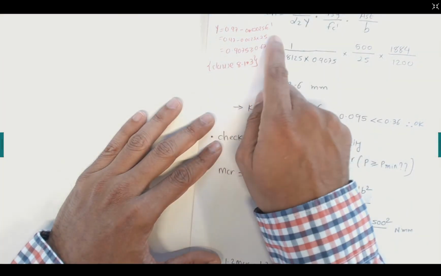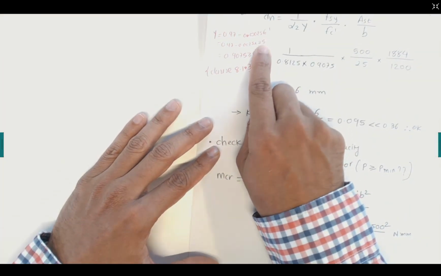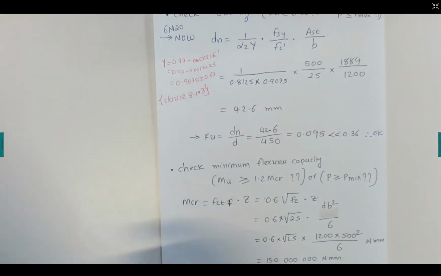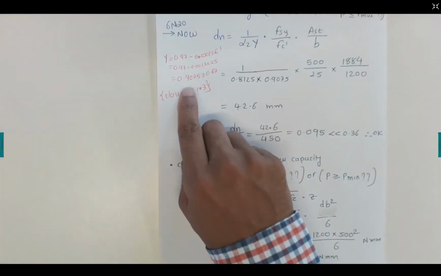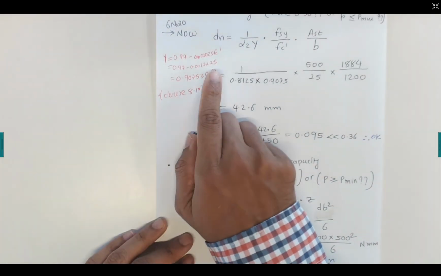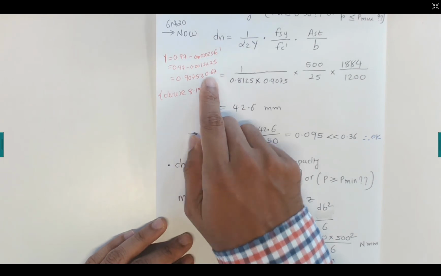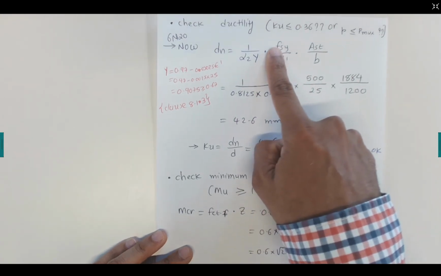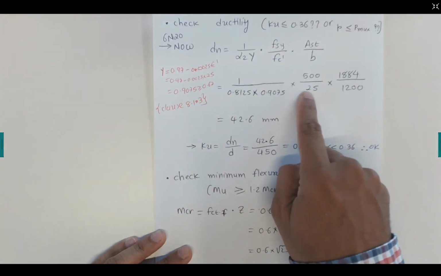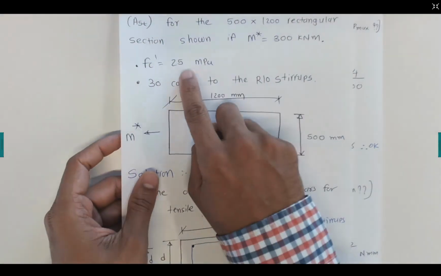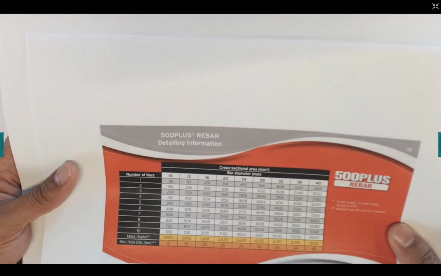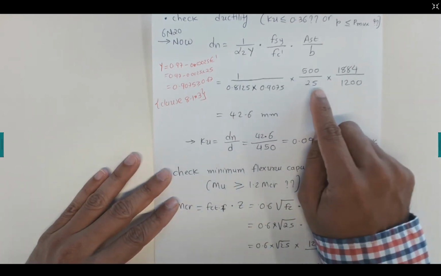We just substitute f'c as 25, because the f'c value is given in the question: f'c is 25 megapascals, so the gamma value is 0.9075. We just need to check the condition, it should be greater than 0.67. It is greater, so we adopt the value 0.9075. fsy for N bars, N20 bars, is 500 megapascals, taken from the Rio bars, because all the N bars have a 500 megapascal yield strength.